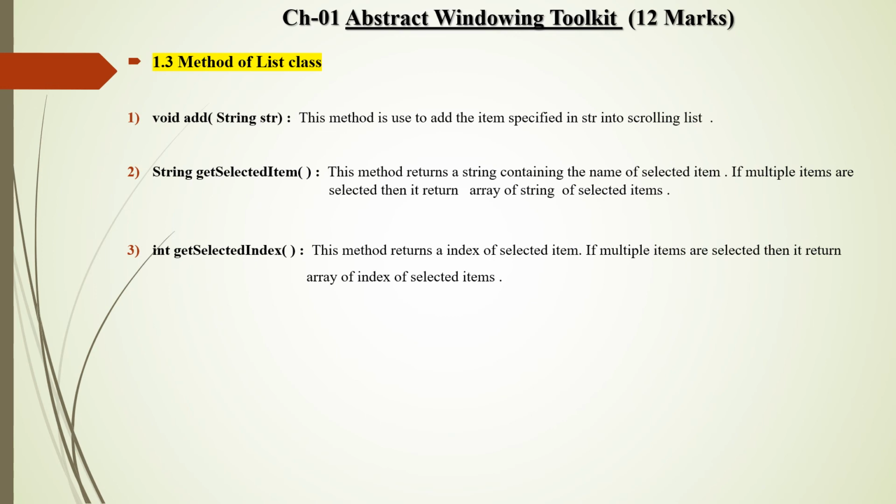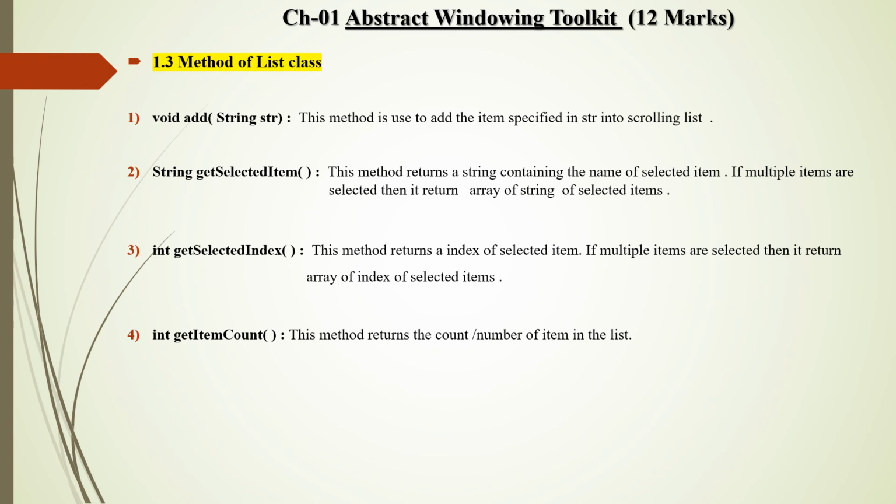Next method, int getSelectedIndex. This method does not have any parameter, but it returns an integer value. It returns the index of the selected item, and if multiple items are selected, then it returns an array of indexes of the selected items. Next method, getItemCount. This method also does not have any parameter, but it returns an integer value.